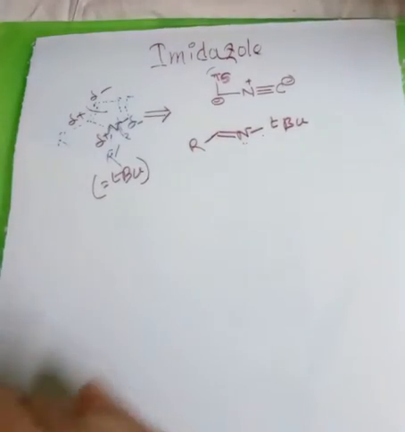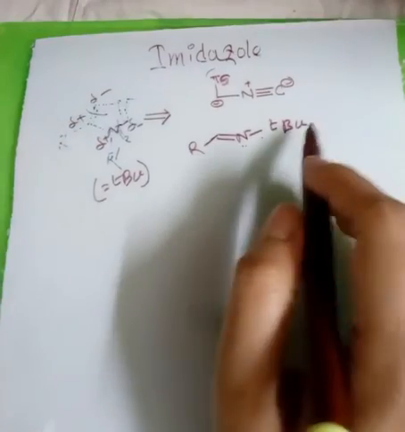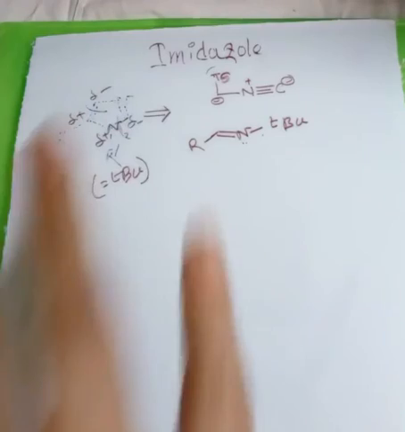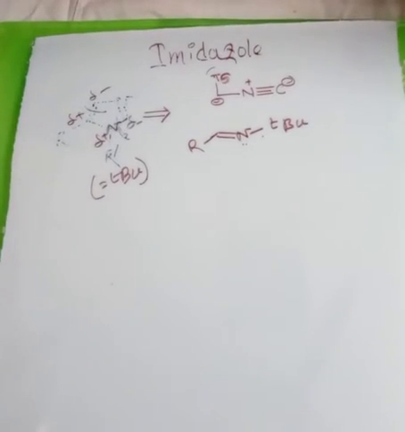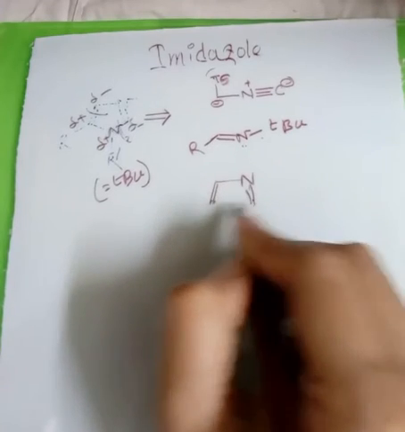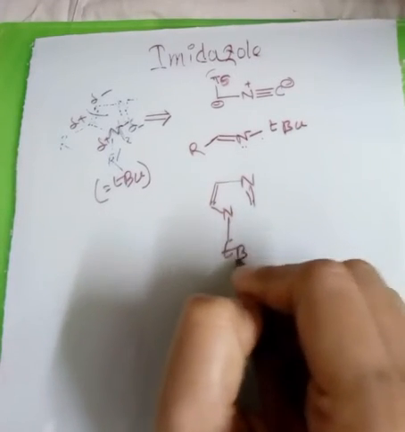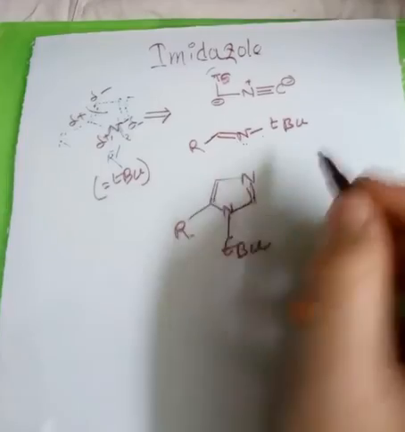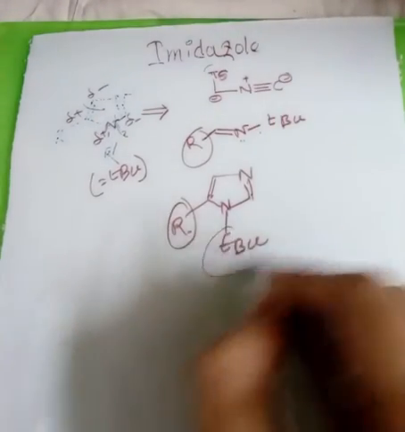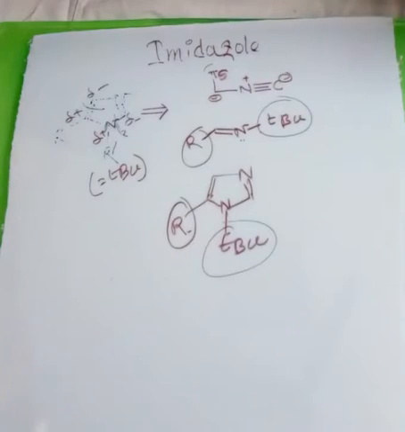So to understand that I add tertiary butyl group. If I add tertiary butyl group here, that is a substituted imidazole which has tertiary butyl group on nitrogen. This is imidazole and tertiary butyl group is here, and this is an R group. Then R group will come at that position of reactant, and tertiary butyl group will come attached with nitrogen.